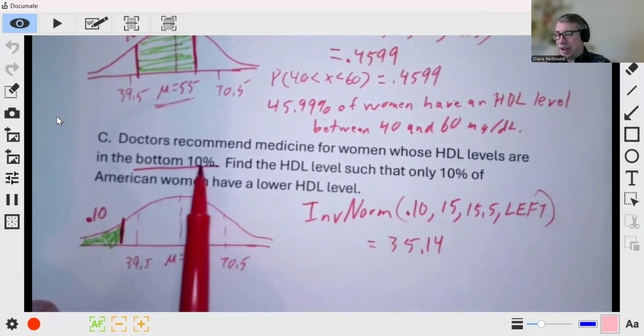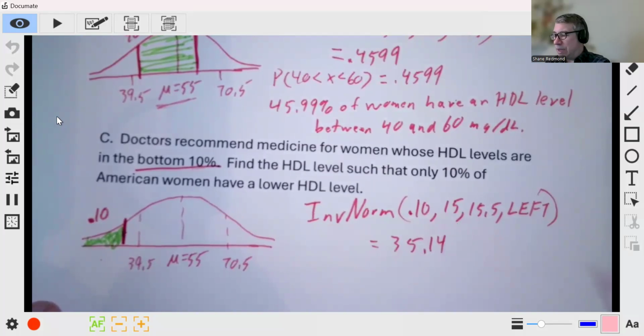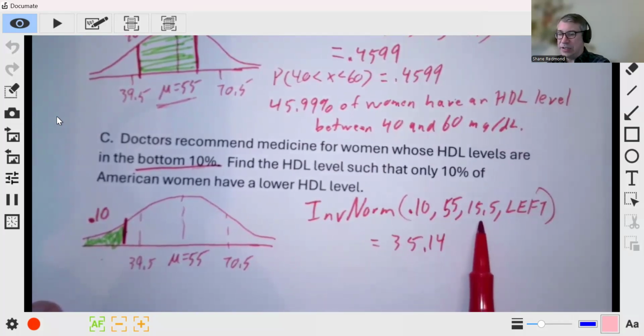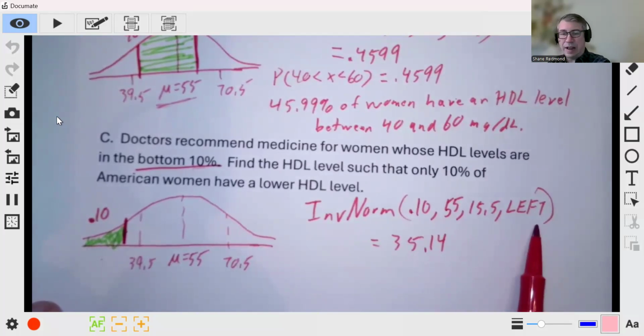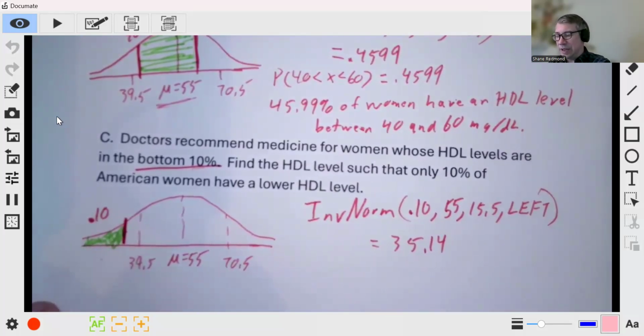This time it's the percent converted to a proportion. The mean, which was 55, the standard deviation, and which direction I shaded, corresponding to the bottom 10%, was to the left. And then the value I got here.